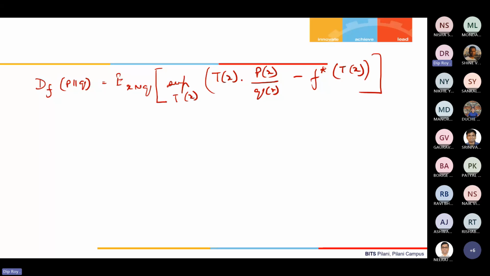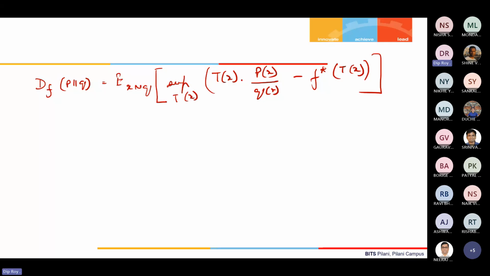What was your t in the actual optimization problem, the convex conjugate optimization problem? Your t was the slope of each of the lines that were tangent to your curve. Here we have changed it to a functional form, t of x, which will basically give the slope. And u is represented by this density ratio, which is p of x by q of x.